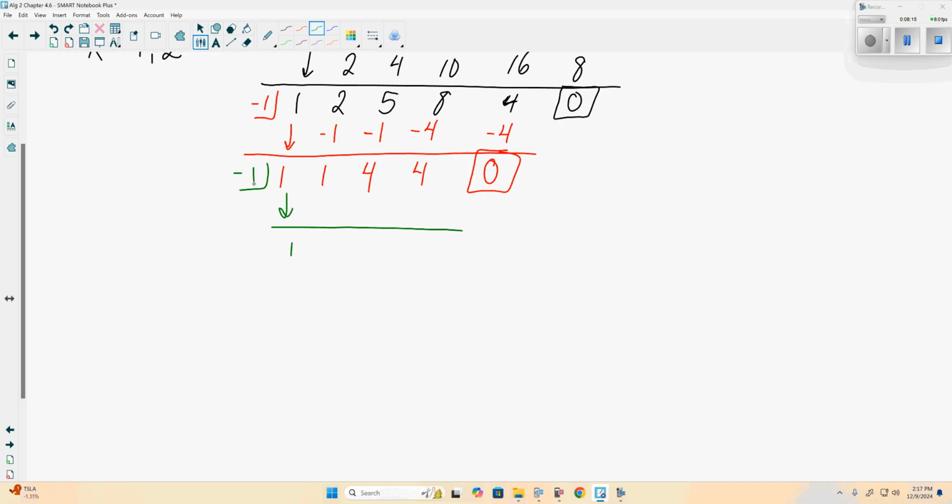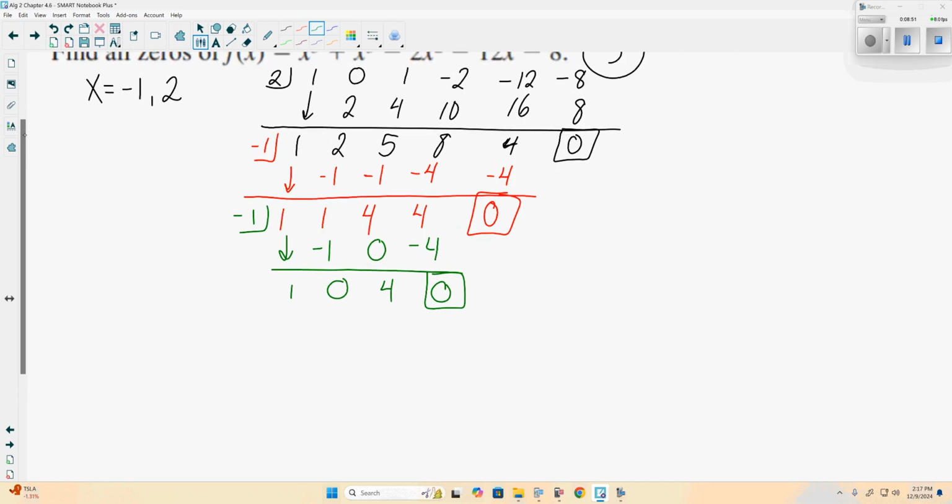So there's a chance that -1 works again. -1 times 1 is -1. 1 plus -1 is 0. -1 times 0 is 0. 4 plus 0, 4. -1 times 4 is -4, and 4 plus -4 is 0. -1 again.